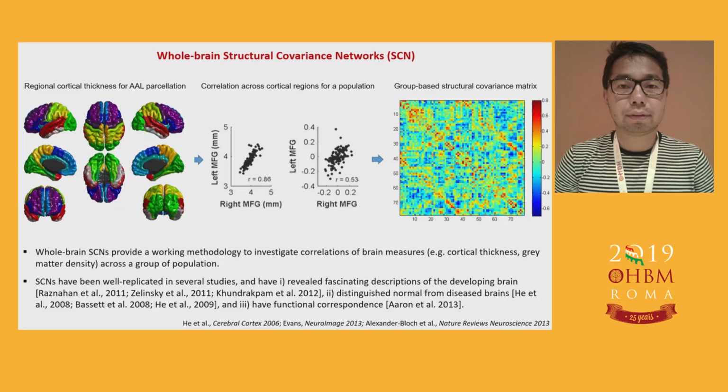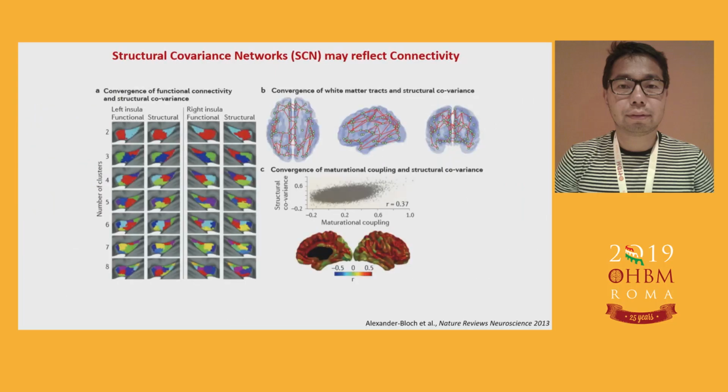This in itself has led to a field where it has been used to investigate brain development in disease with relation to cognition. There are some nice reviews by Alexander-Bloch and Alan Evans. And it's been shown that structural covariance networks may partly reflect structural connectivity as inferred with white matter tracks, as well as functional connectivity using fMRI.